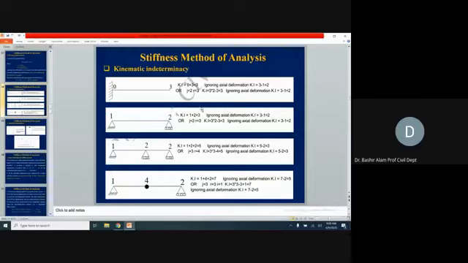By observation it was 3, and by this equation it is 3 also. If we ignore the axial effect, it is 3j minus r, and it was minus the number of members. So minus one member is here.